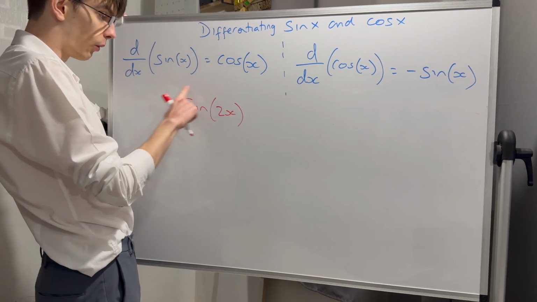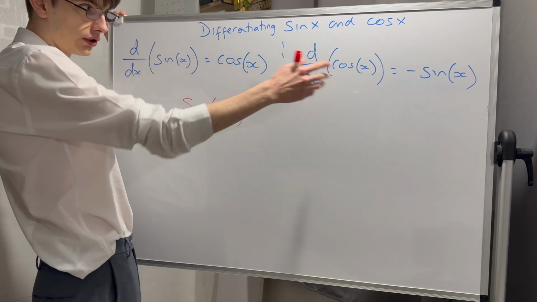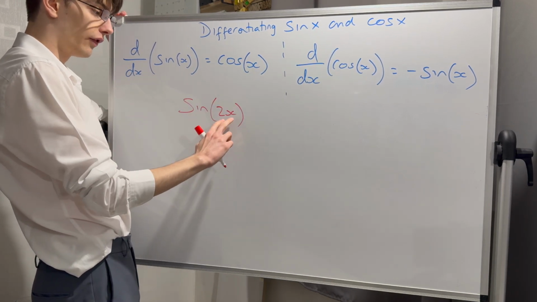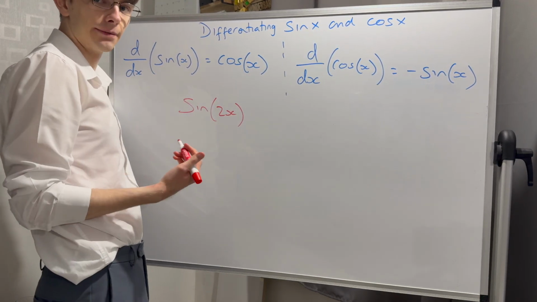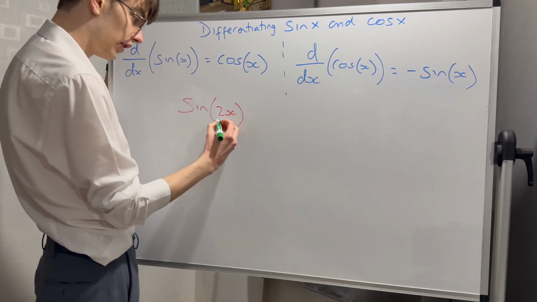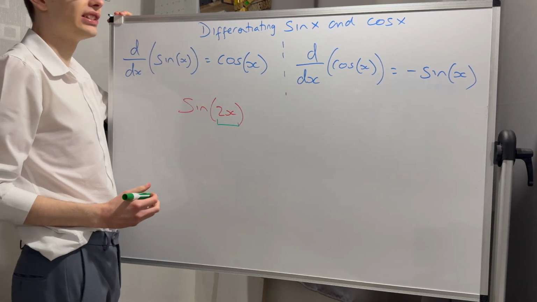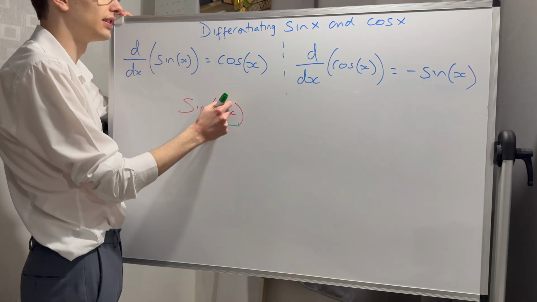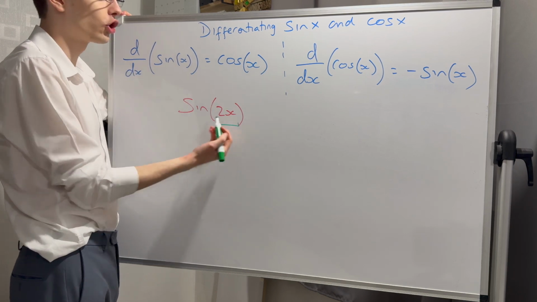What happens is, when I have sine or cos, I'll show you a cos in a minute, sine of anything that isn't just x, I need to take the derivative of whatever is inside the argument. So whatever is inside these brackets. So differentiate 2x.